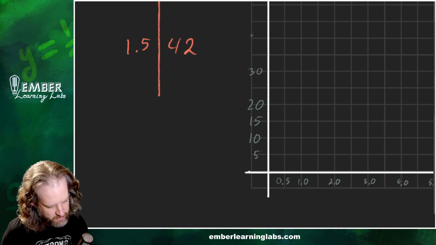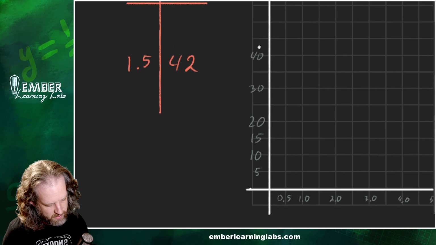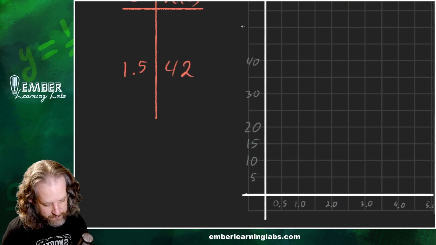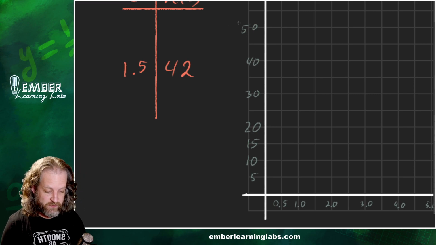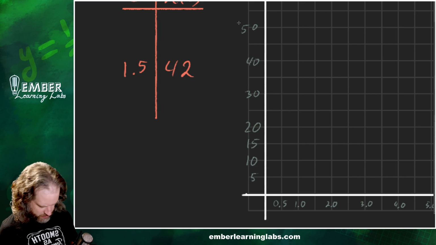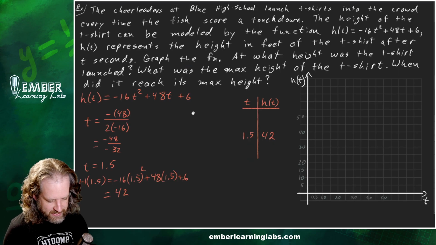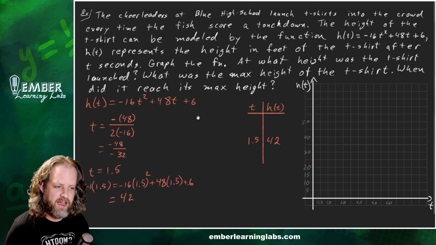We're skipping one, and then 40. And we'll go ahead and label 50. We know we don't need anything higher than that, because we just found out our highest number is 42, right? So now we've got our axes labeled, and let's see if we can figure out some other points.